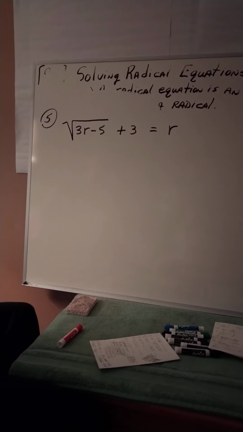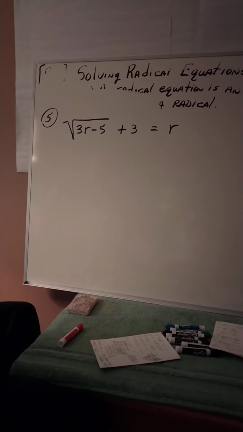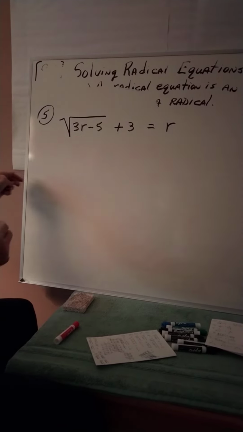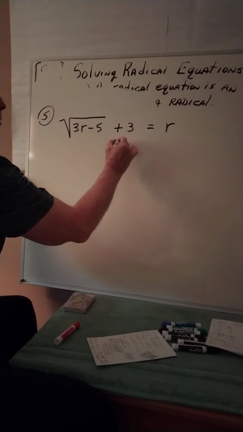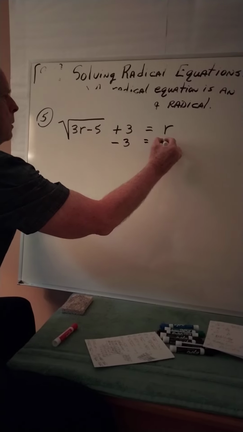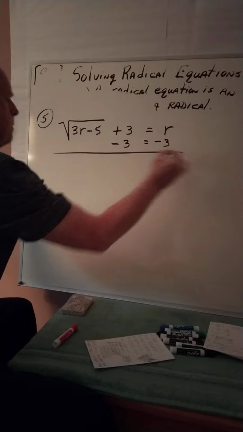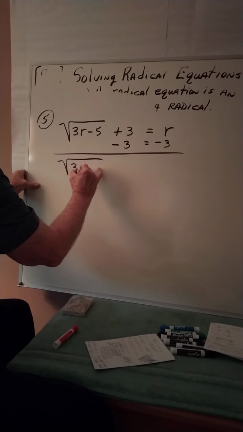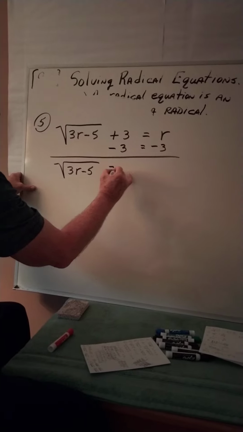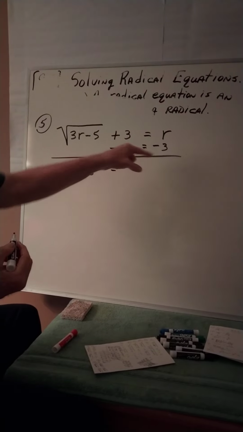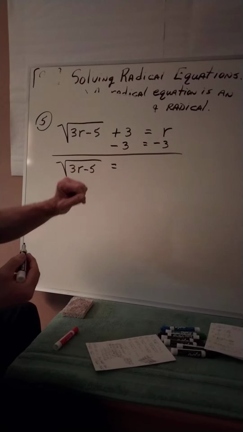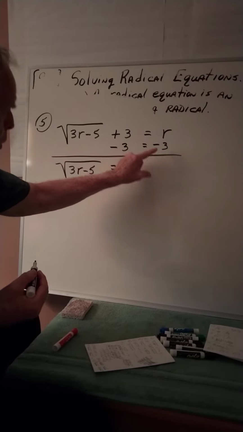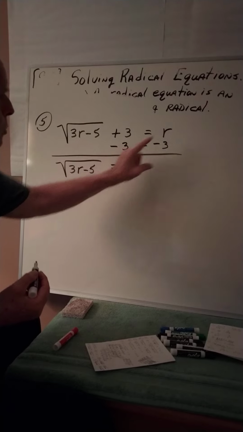Isolate the radical as best you can. Well, we can isolate it. We'll get rid of that positive 3. We'll go opposite on both. And now we have on the left the radical of 3r minus 5 is equal to, on the right, a binomial, r minus 3, or negative 3 plus r.